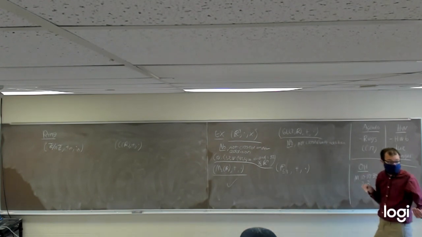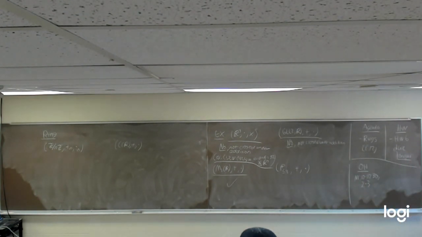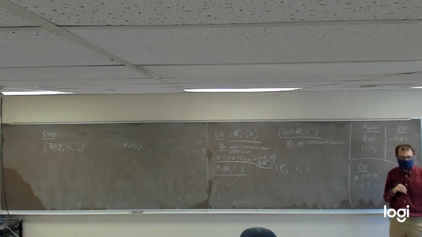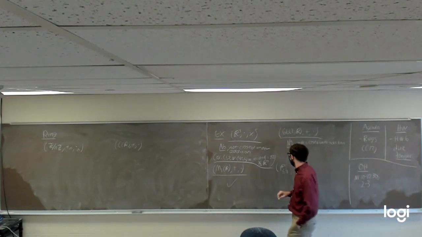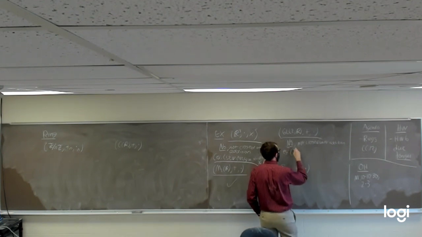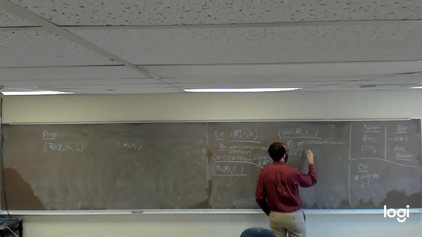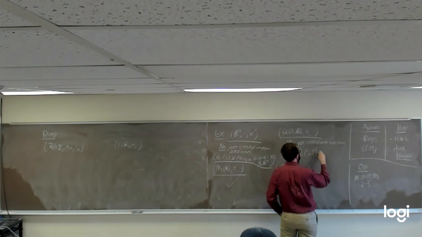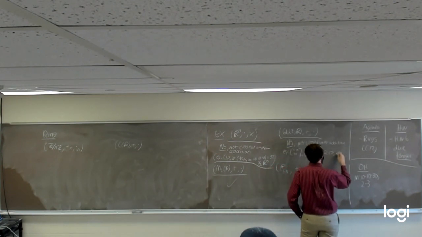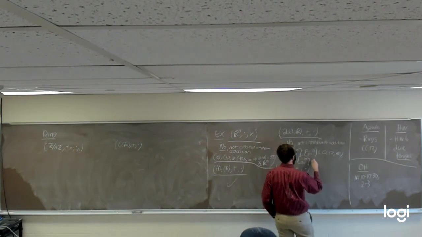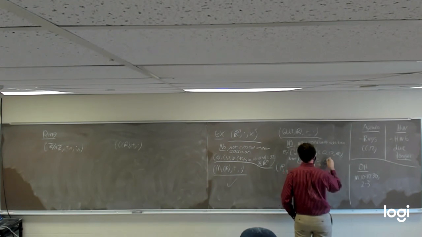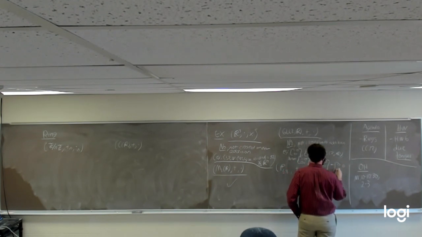Can you give me an example of a couple 2 by 2 matrices in GL2R whose sum is not? Yes, the identity and negative identity. That's a good one, exactly the one I had in mind. The identity matrix and the negative of the identity matrix are both in GL2R, but the sum, 1, 0, 0, 1 plus negative 1, 0, 0, negative 1, gives us the 0 matrix, which is not in GL2R.